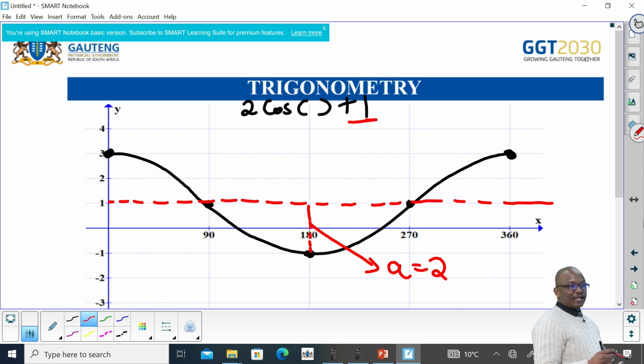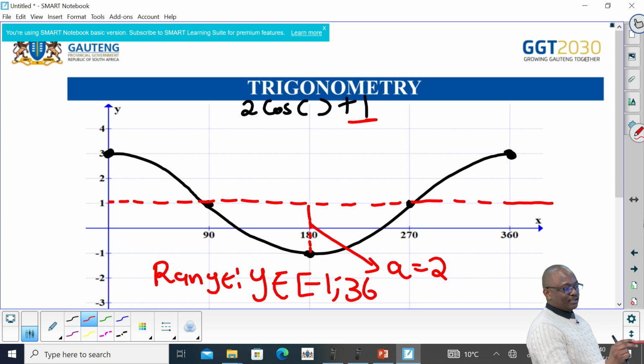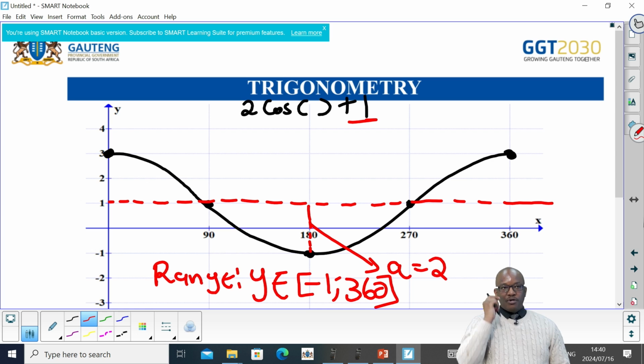Correct. Then now the range for this one is going to be y is an element of -1 and 3.